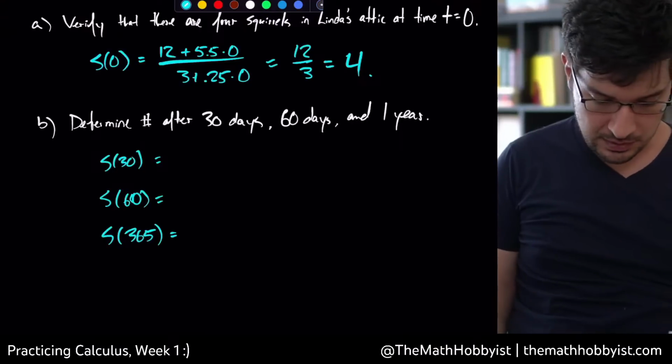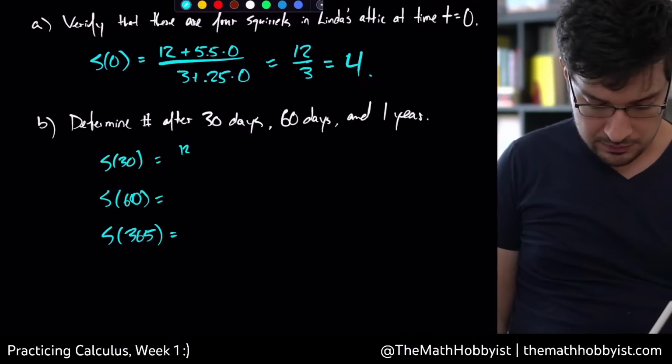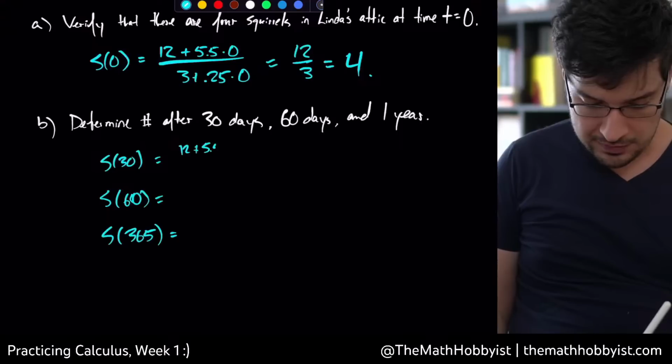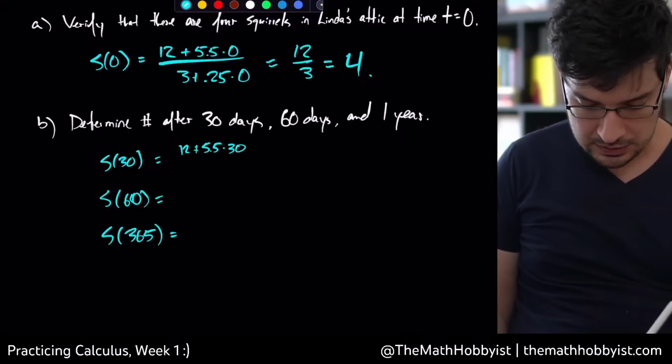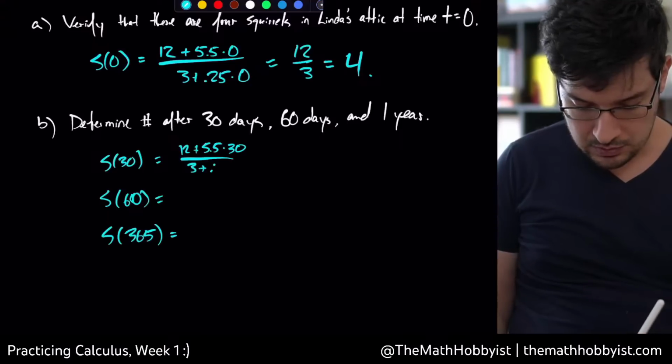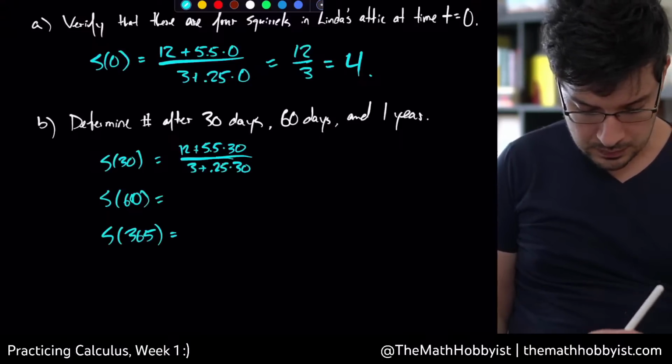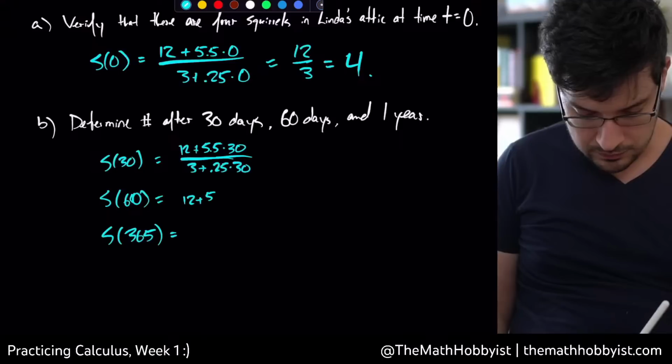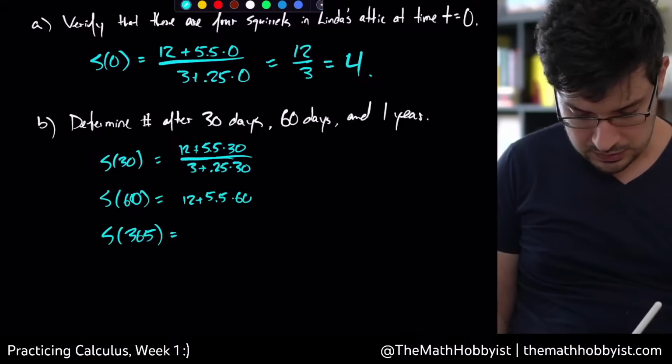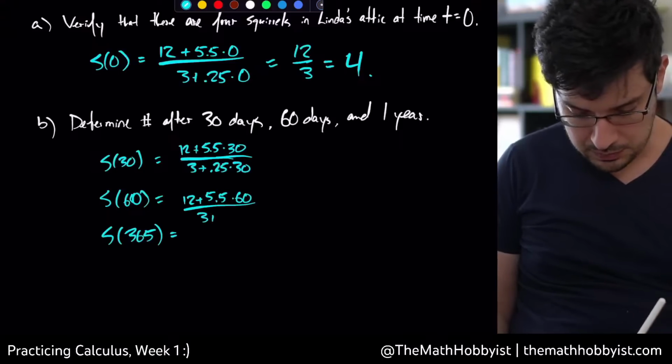All right, so now we have 12 plus 5.5 times 30 over 3 plus a quarter of 30. 5.5 times 60 over 3 plus a quarter of 60.